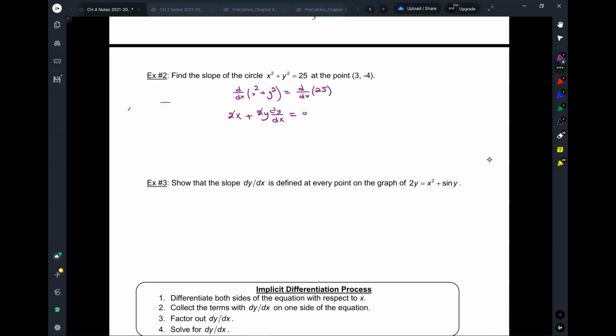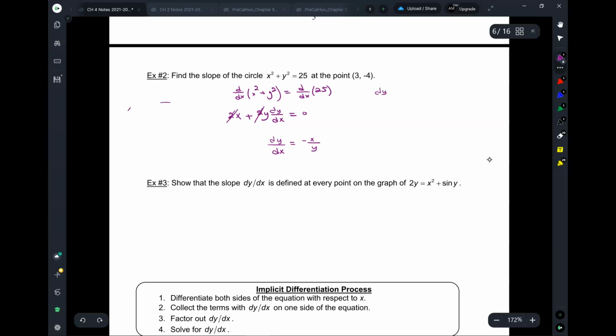So bring the x over to the other side. dy/dx is equal to negative x over y. So if we get these questions like slope of a circle, you have to show the work.